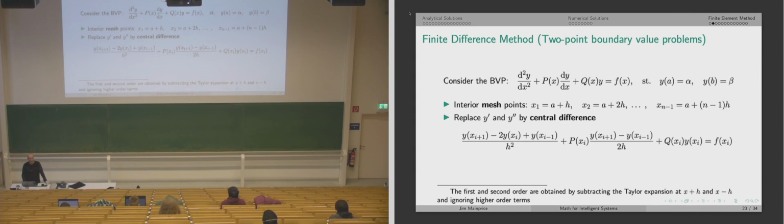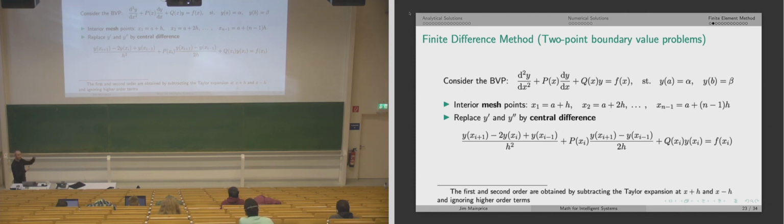And you replace the first and the second order derivative of the dependent variable by finite differences. So the classic equation for the first order is this. You all know that. That's the tangent equation. That's what we saw last week. And the difference quotient equation, that's the classic first order finite difference. And the second order finite difference is a bit more tricky to see, but it's just applying this thing twice.